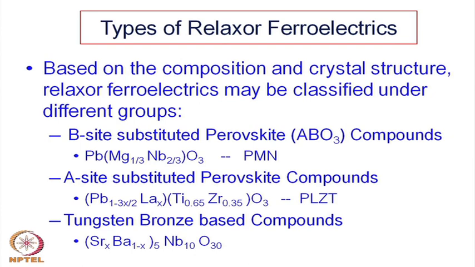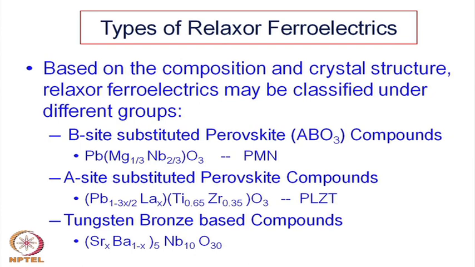These two form a solid solution, in which part of the lead is substituted by lanthanum. So, that forms PLZT. We will discuss the properties and how they are prepared within a few minutes.